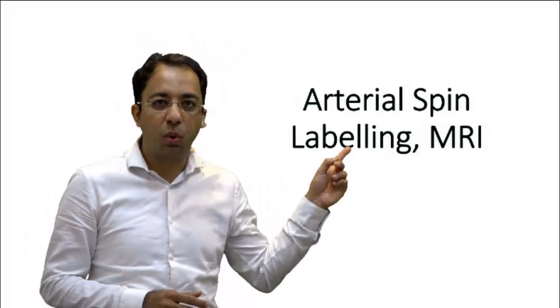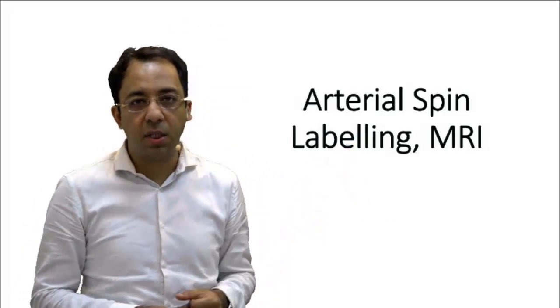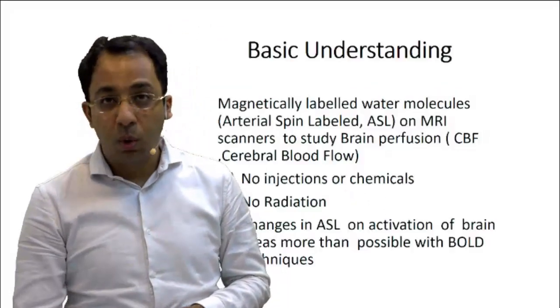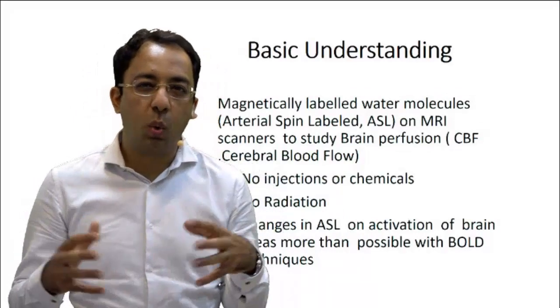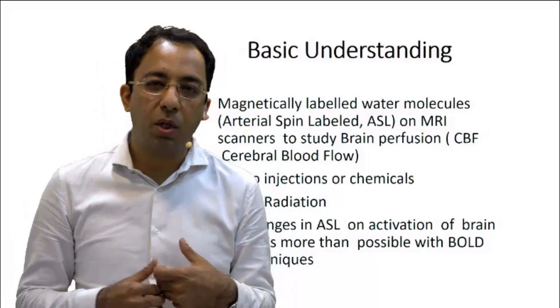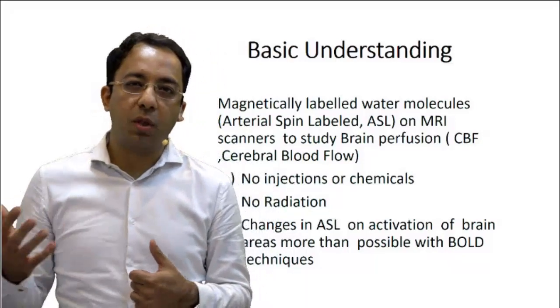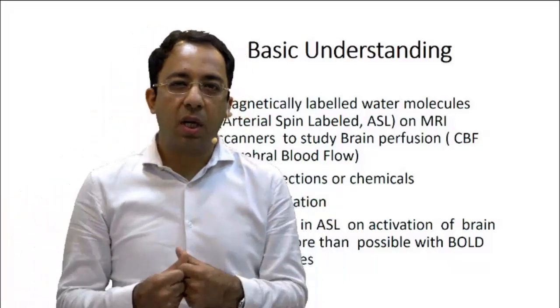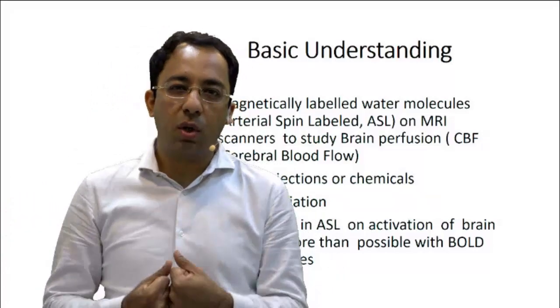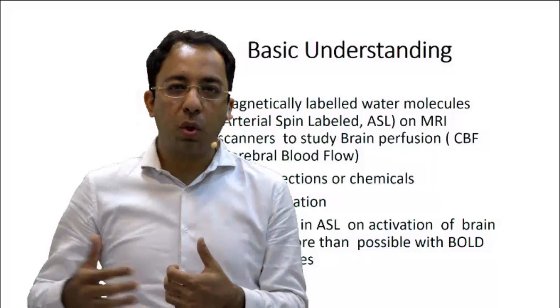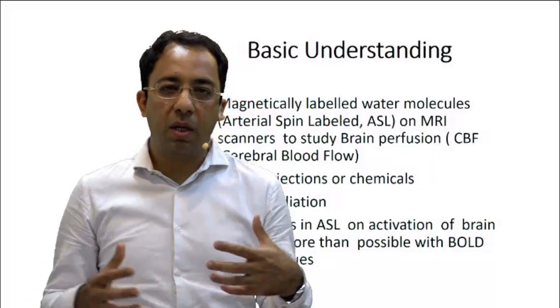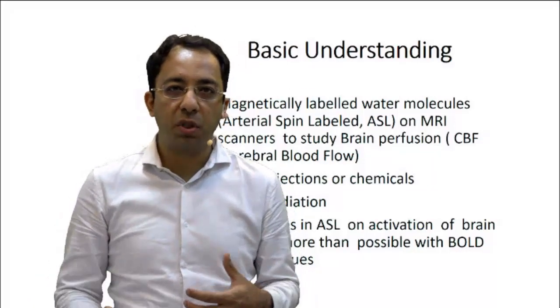The technique that I'm going to talk about is arterial spin labeling. So far, we have been dependent on the use of gadolinium when we do MRI to understand the functional aspect of the disease, or we use something called the BOLD technique, where we use blood oxygen levels to look at the functional activation area.